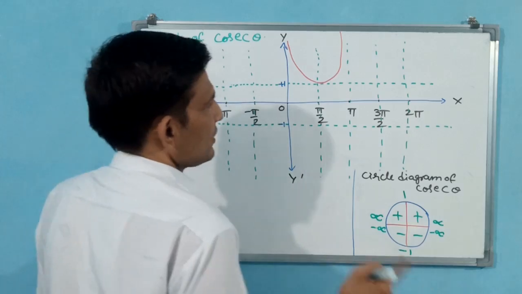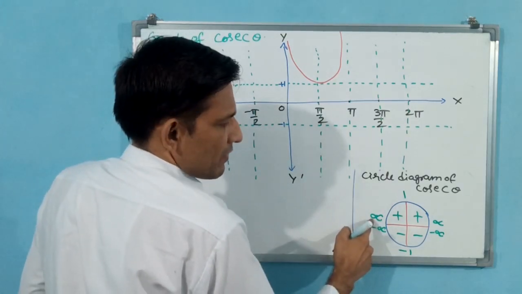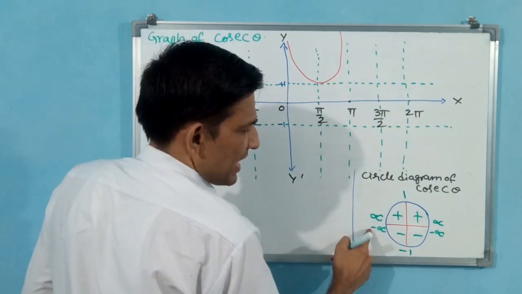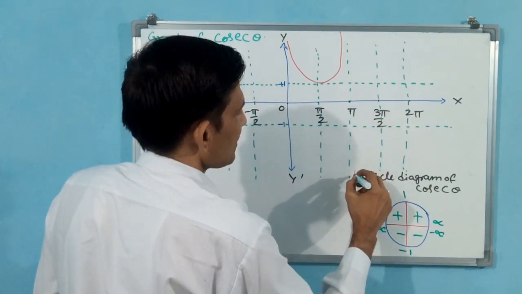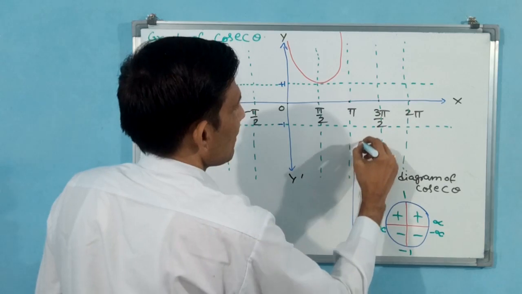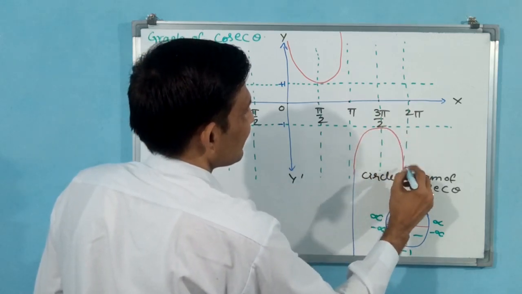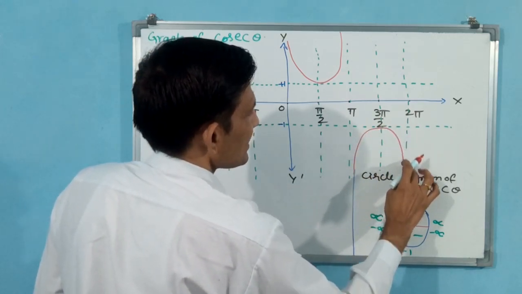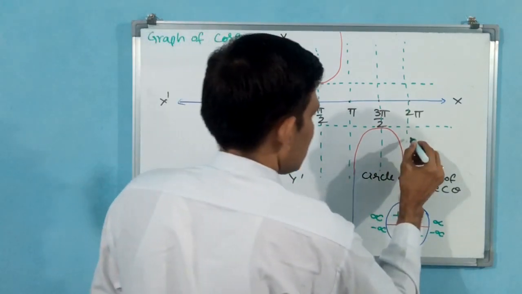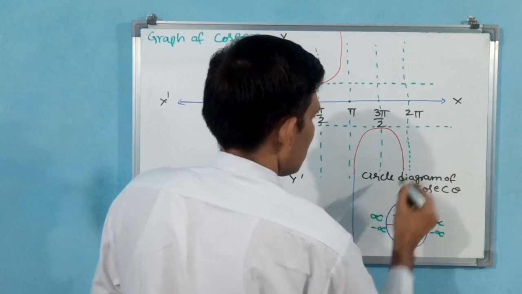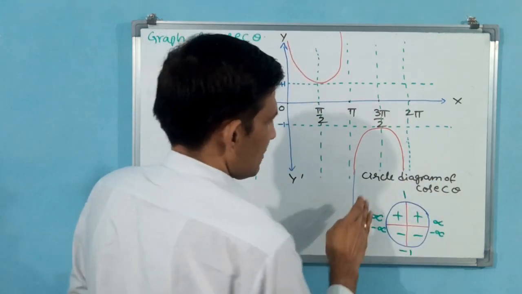Okay. Now you see, from 180 to 270, minus infinity to minus 1. That means like this the graph will come, but it doesn't touch this infinity line.